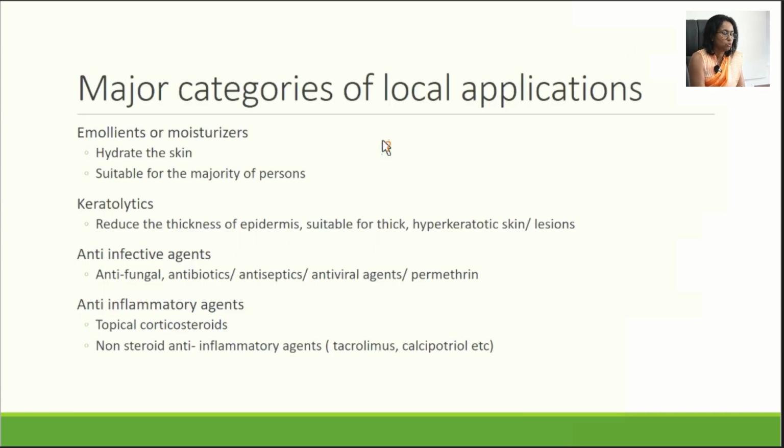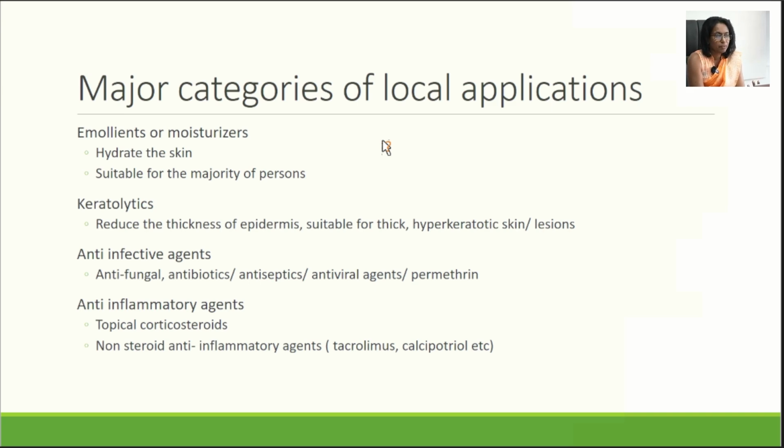Right. So now our topic is local therapy for the skin. So we need to know the major categories of local applications. We have emollients or moisturizers. We discussed them to some extent. So we know that they are used to hydrate the skin, and emollients or moisturizers are suitable for the majority of people in the country.